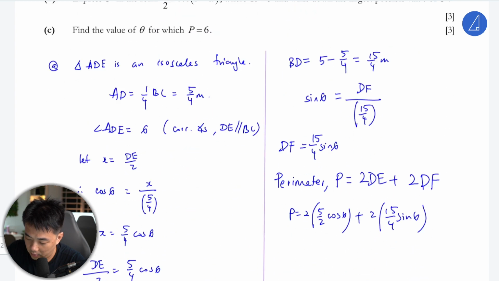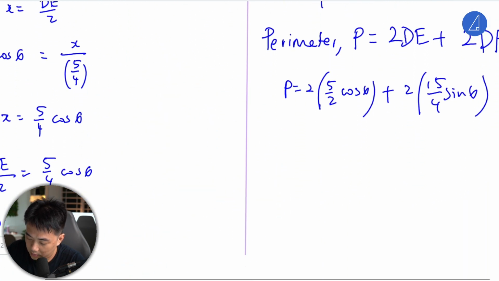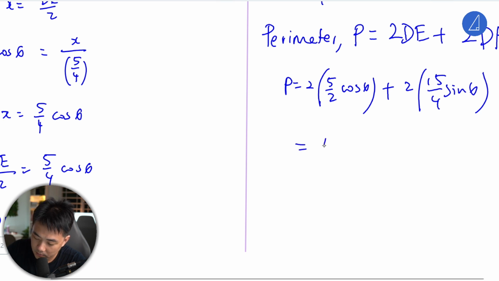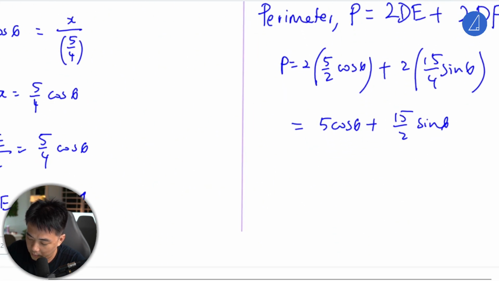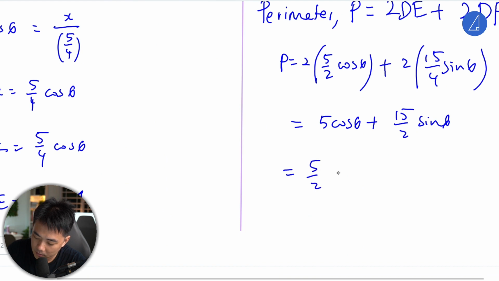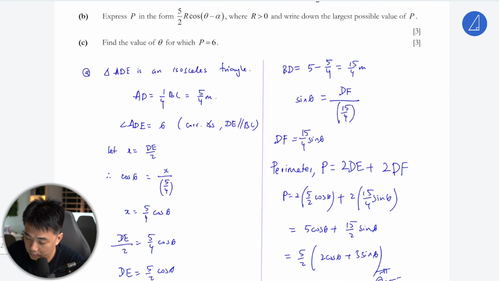Yeah, looks correct. Multiply by 2. Okay, great. I'm going to just factor it because I need to take the 5 over 2 out. So this will be 2 cosine theta plus 3 sine theta. Is it 5 over 2? Yeah, there you go.